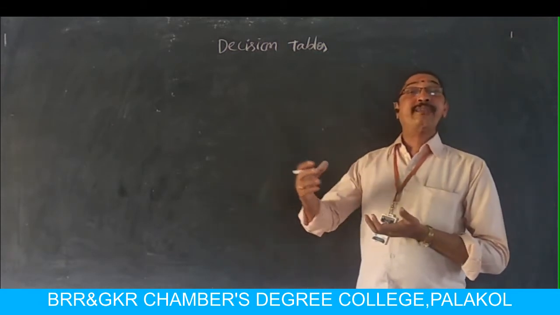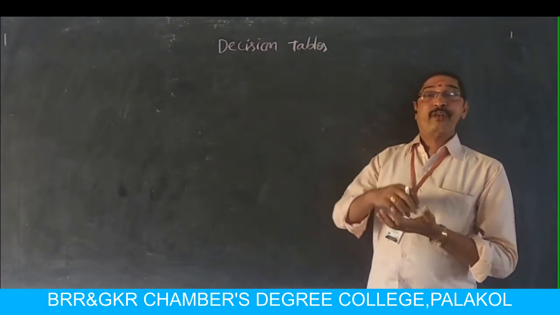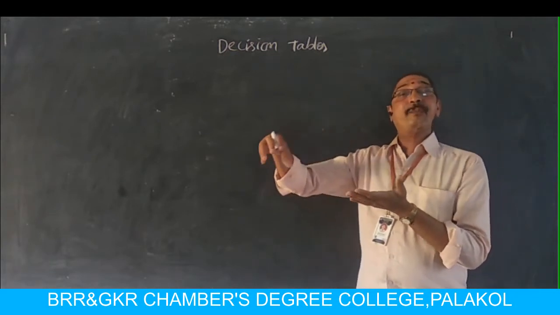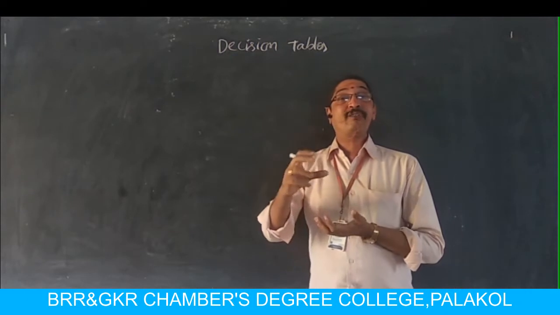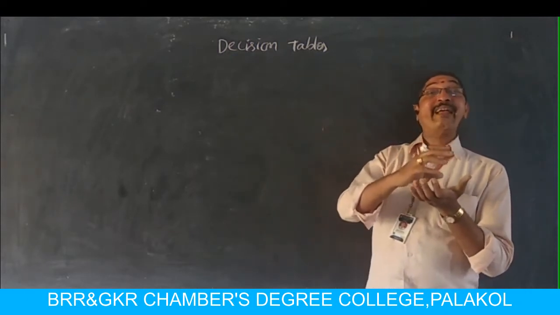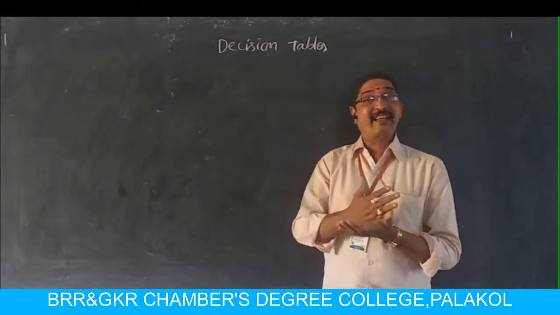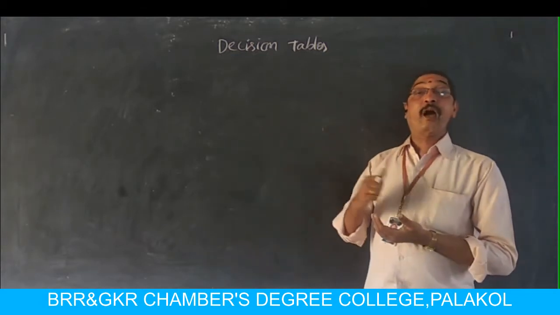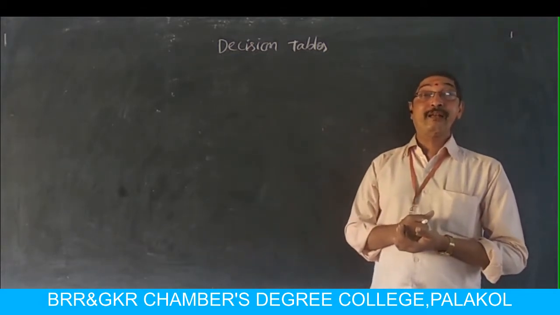How the data will be changed? If I input these values to the system, then what will be the output? What will be the impact? What state will be changed? From which state the data will change to which state? So it can be identified with the help of this decision table.